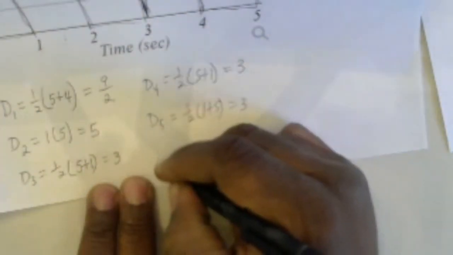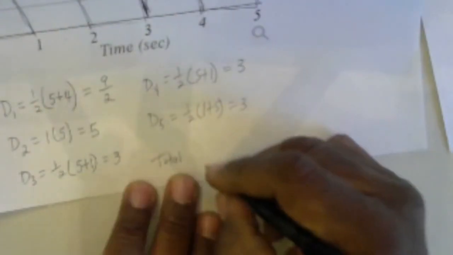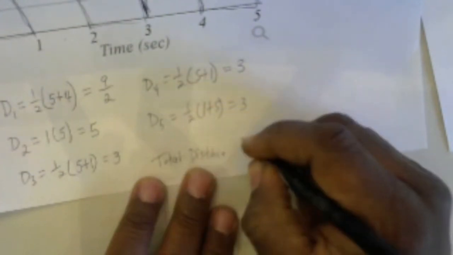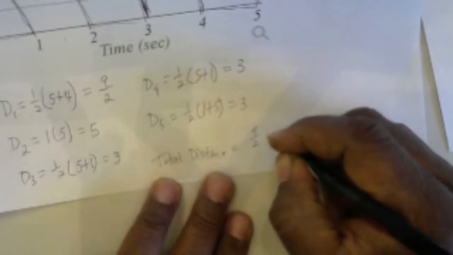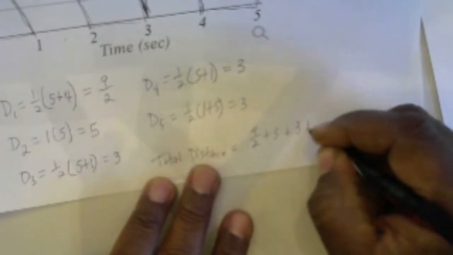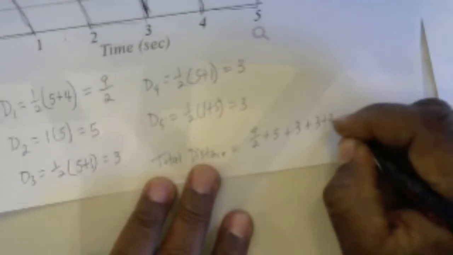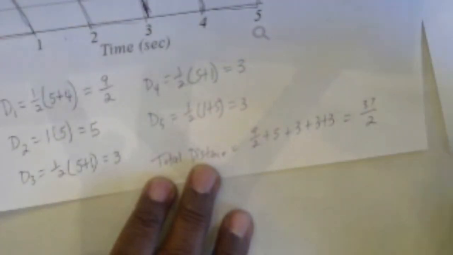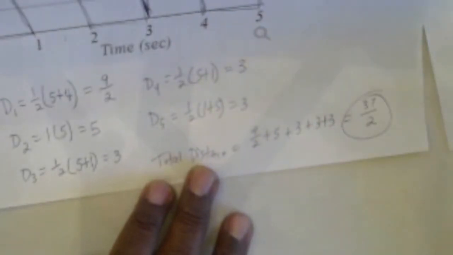So now if I add all of those things up, 9/2 plus 5 plus 3 plus 3 plus 3, you should get 37/2 as the distance traveled.